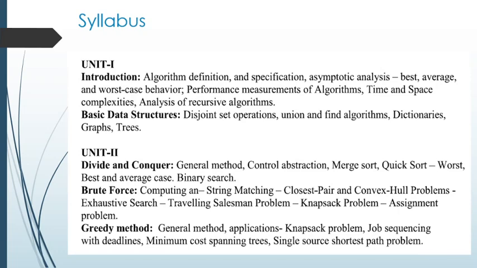What is present in divide and conquer is a general method, and we are going to see the control abstraction and the sorting techniques. Sorting techniques are many, but as per your syllabus we are going to see merge sort and quick sort, and we will see the different cases: best case, average case, worst case, and we are going to see binary search.